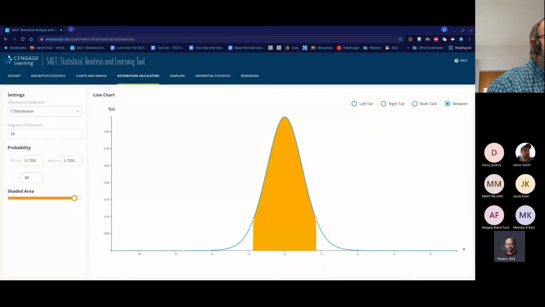When we look at the homework and ask what's going on in the homework here, after we go through all the proportion stuff, we have T critical values. We have degrees of freedom. We have confidence intervals.